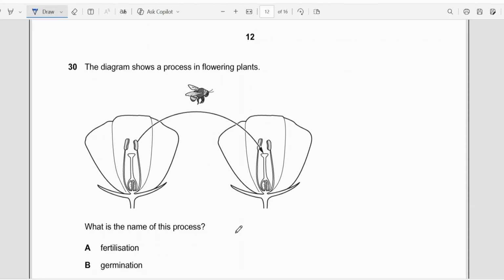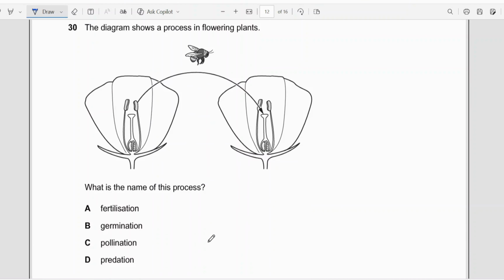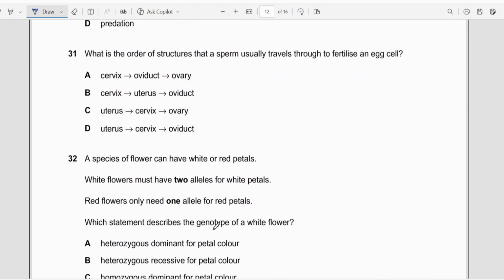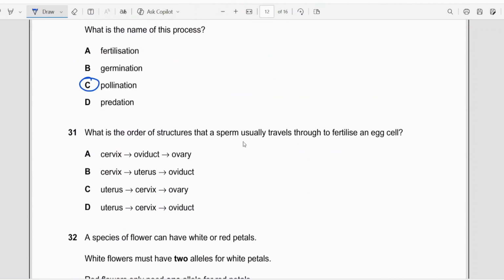An insect is there. So which step is taking place? Pollination. Now what is the order of the structures sperm usually travel through to fertilize an egg? This was a question in O levels.